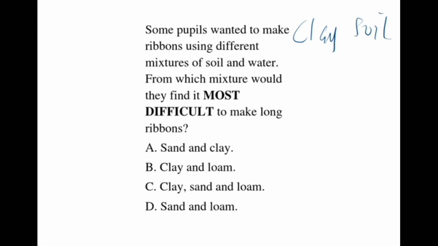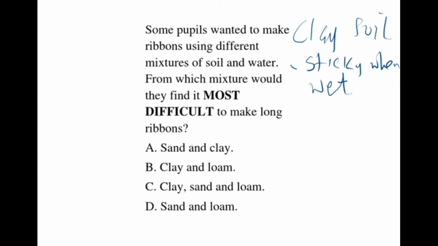It makes good ribbons because clay soil is sticky when wet. Therefore, any mixture with clay could make good ribbons, but the one without clay will be very hard to make long ribbons.